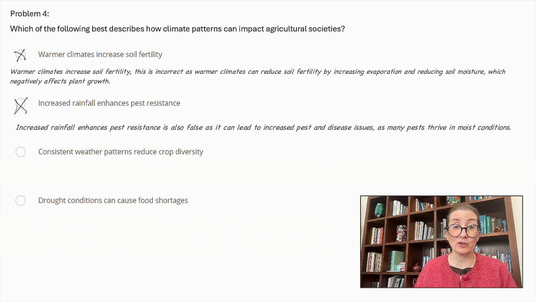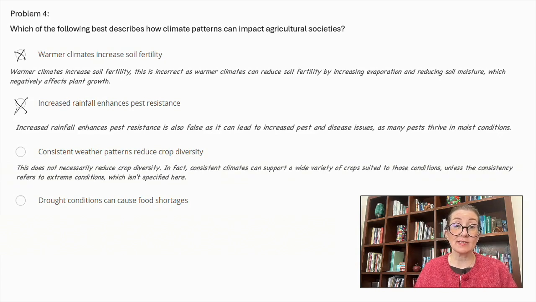Consistent weather patterns reduce crop diversity. This does not necessarily reduce crop diversity. In fact, consistent climates can support a wide variety of crops suited to those conditions, unless the consistency refers to extreme conditions, which isn't specified here. So this we can cross out as well.